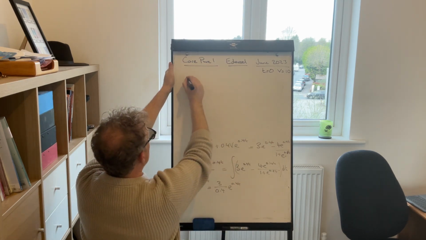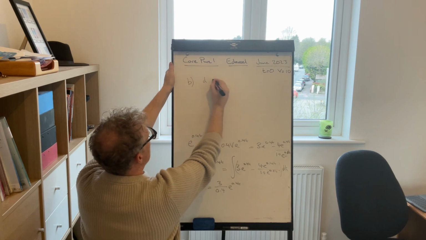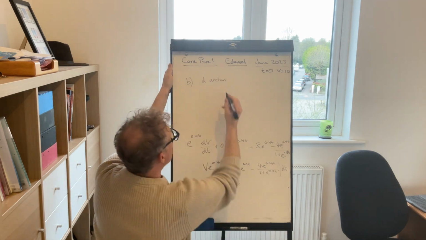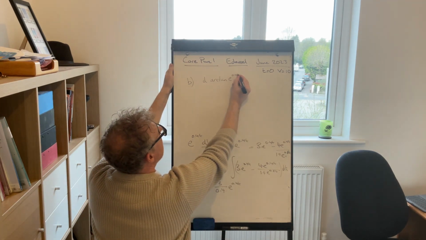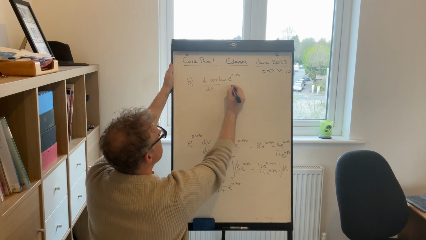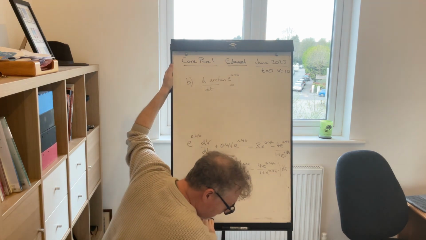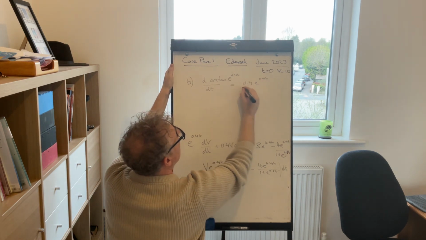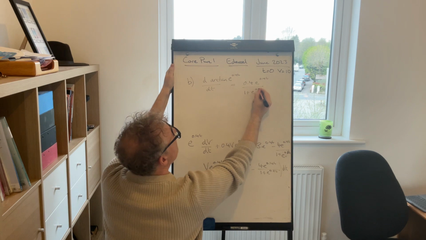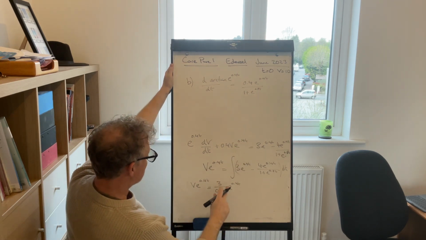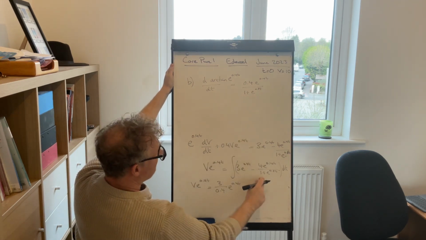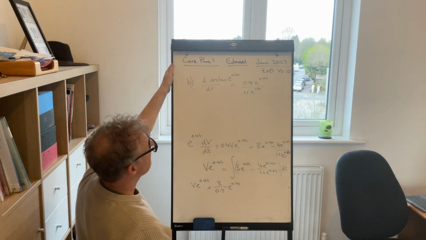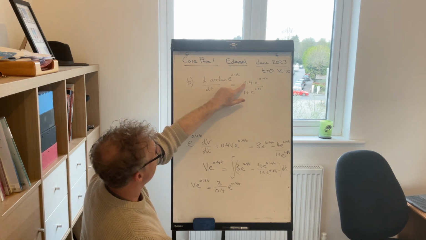So part B, we got that the differential of arctan e to 0.4t with respect to t turned out to be 0.4 e to the 0.4t over 1 plus e to the 0.8t. So that is pretty much like that, except it's a slight factor out, isn't it? It's a factor of 10 out. We haven't got 4 here, we've got 0.4.